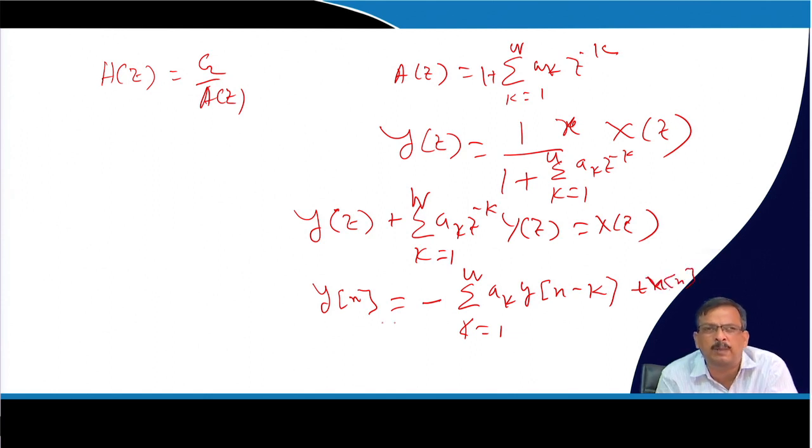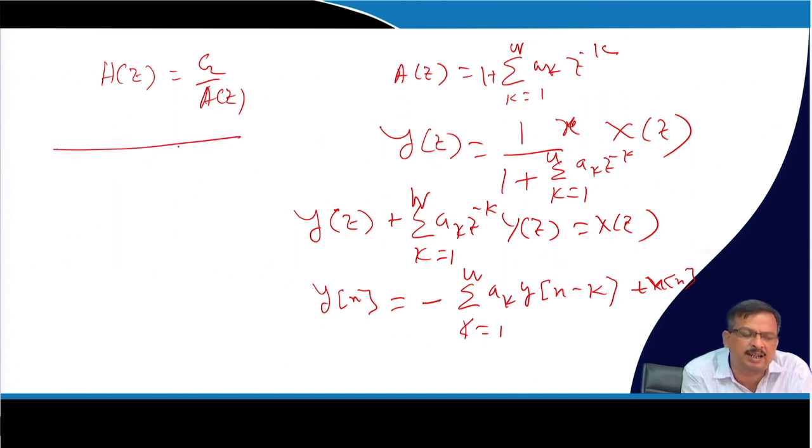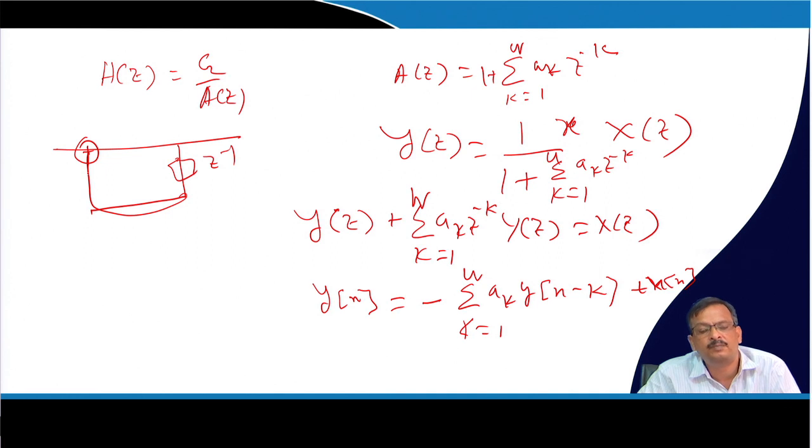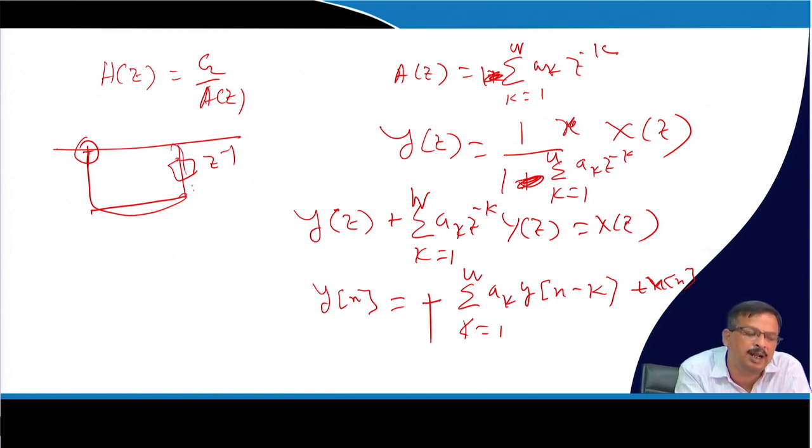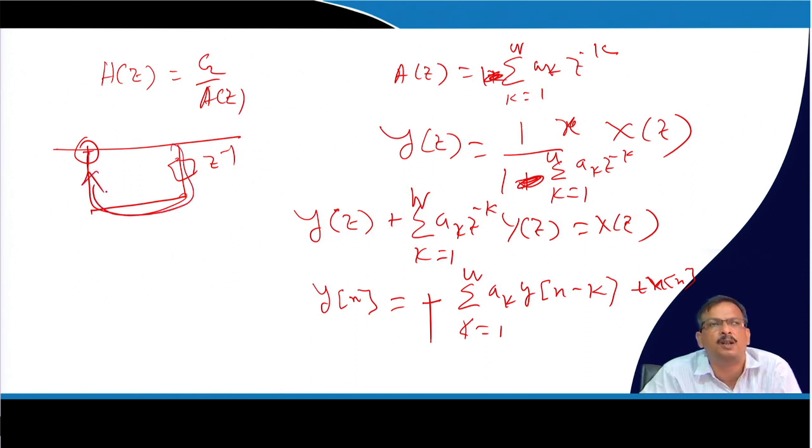So when I want to implement it, I can say there is a feedback, negative feedback, that y of n will be delayed by z to the power minus 1, minus 2, minus 3, minus k, and fed to here, negative feedback. If it is minus, then it becomes a plus, so I can say it is positive feedback.